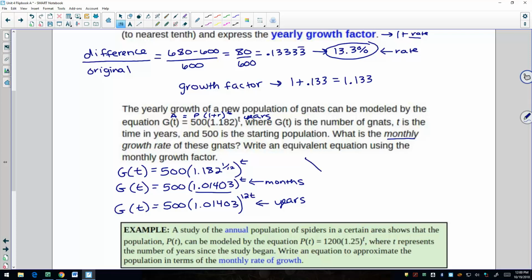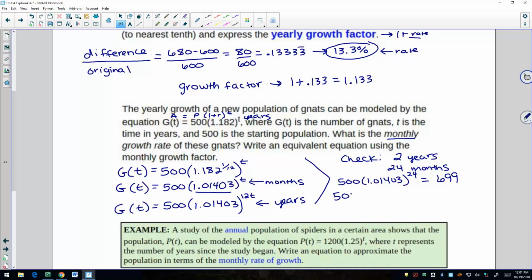Now to check if you did it right, here's what I would suggest for the check. Don't use 1 because sometimes 1 has special properties, so it might not work. Use like 2. Plug in 2 years into the years version and plug in 24 for months into the months one and see if you get the same number. So if I plug into the first one, 500 times 1.01403, and this is in months, so I'd plug in 24, I'm going to get the number about 699.